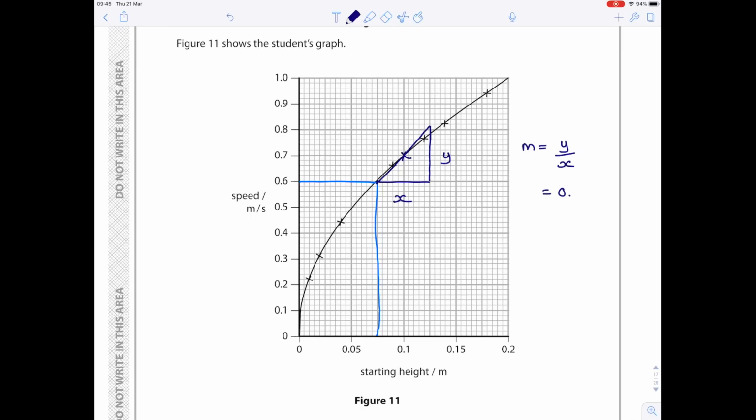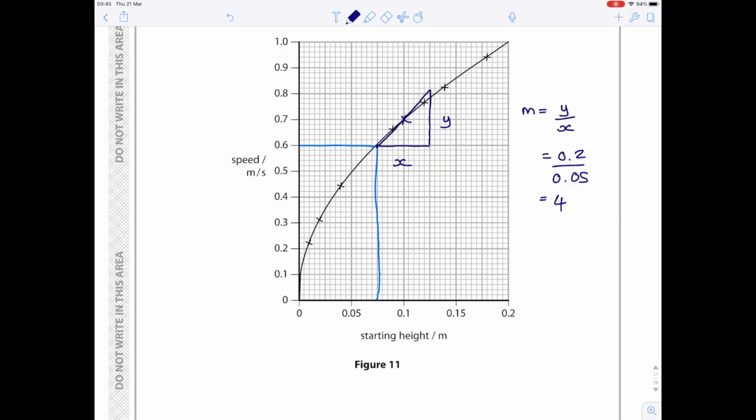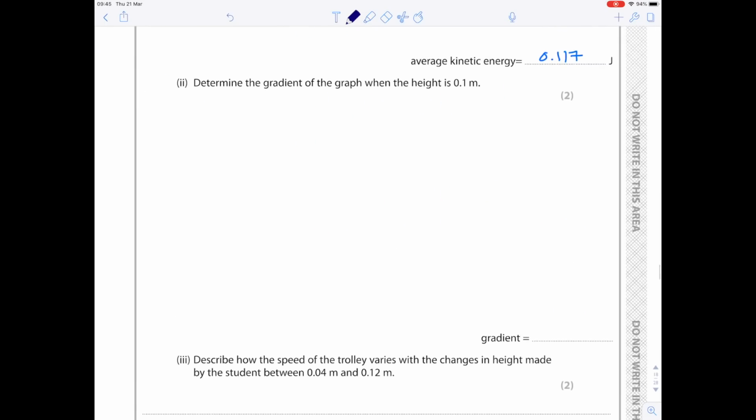So the change in y is approximately 0.2, the change in x is 0.05. When you pop that into your calculator, you get a value which is 4. Now it's slightly too high. According to the mark scheme, the answer should lie between 3.5 and 3.6. But I think it's fine because I couldn't draw using a ruler, so I couldn't really draw my tangent properly. But that's actually how you do it. Anyway, I'm going to copy my working down here.